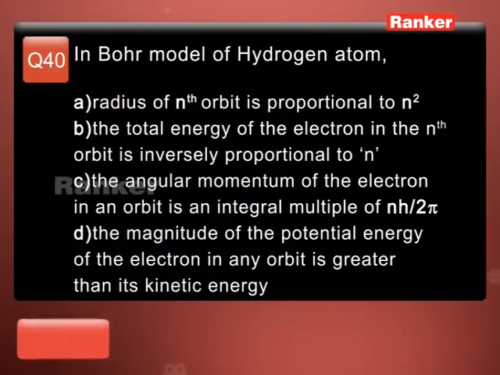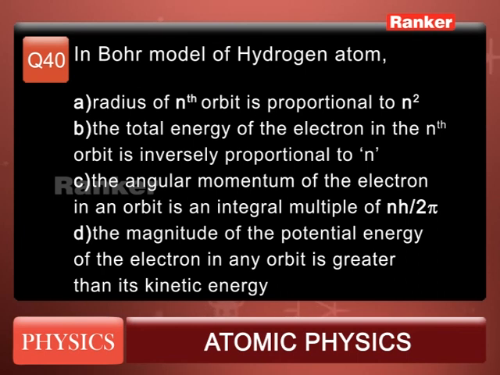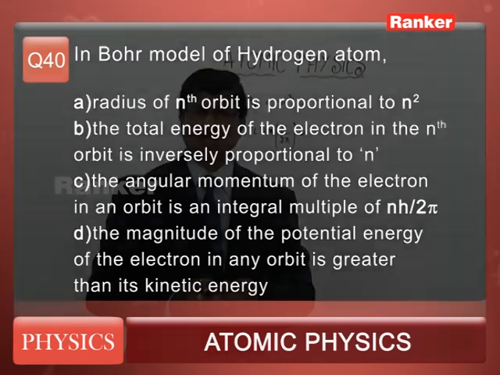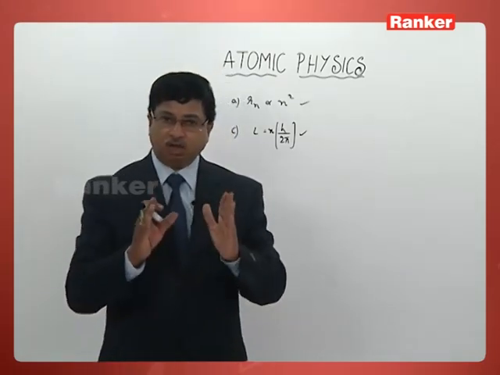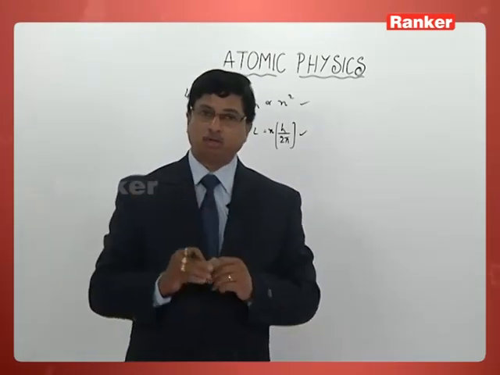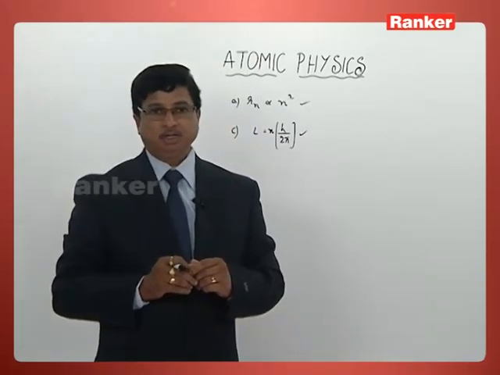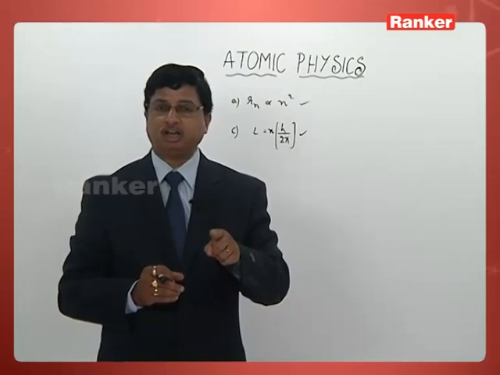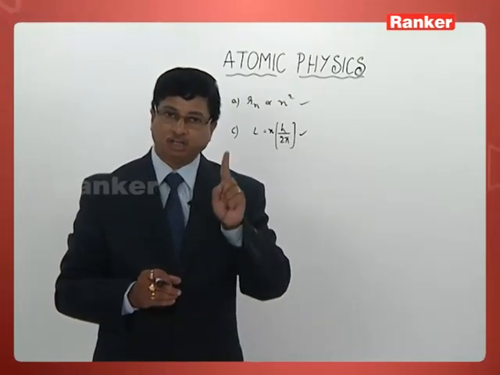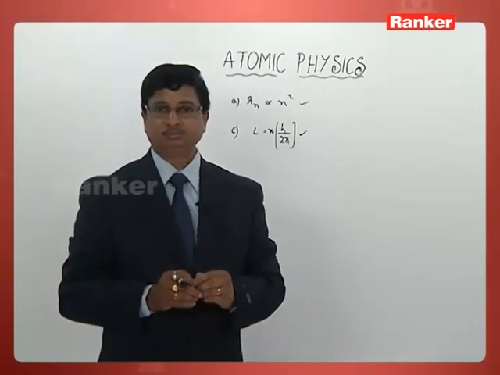The magnitude of potential energy of the electron in any of the orbits is greater than its kinetic energy. All of you should recollect once again, when an electron is revolving in a circular orbit, its potential energy is twice the kinetic energy that electron has in that orbit, with a negative sign.